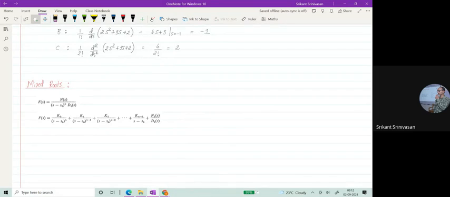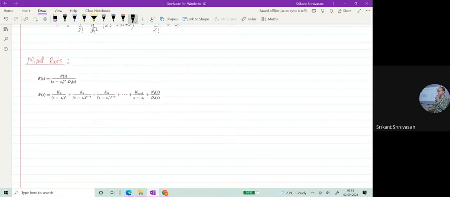So here, if I want to find out k naught, the term with the power n, then I will say that k naught is directly the numerator N of s by D1 of s when s is equal to s naught.